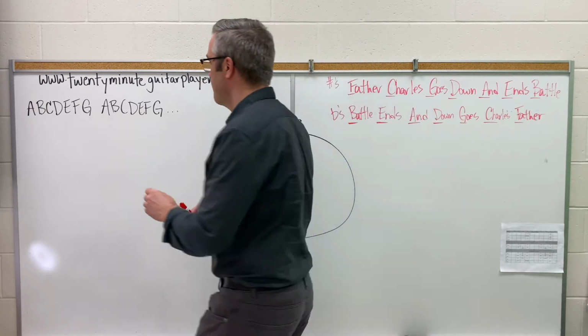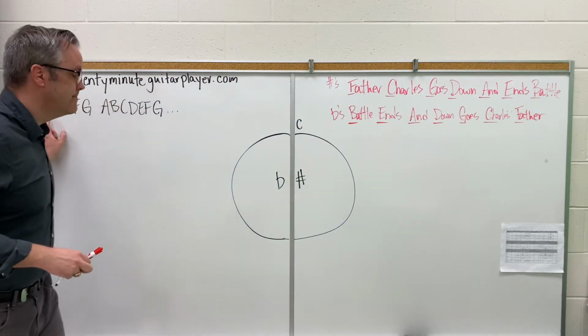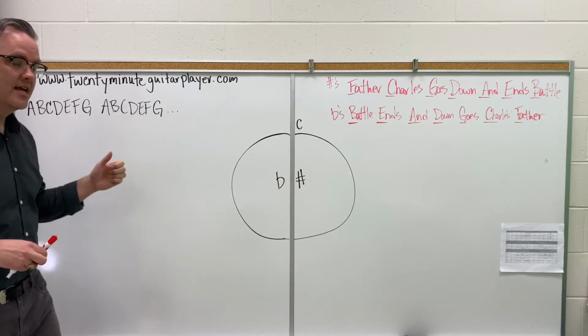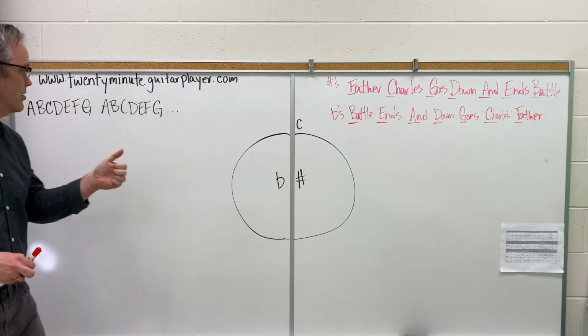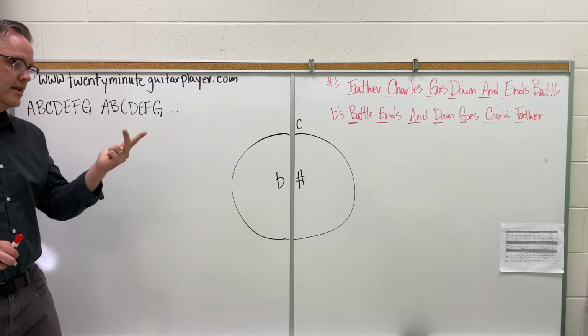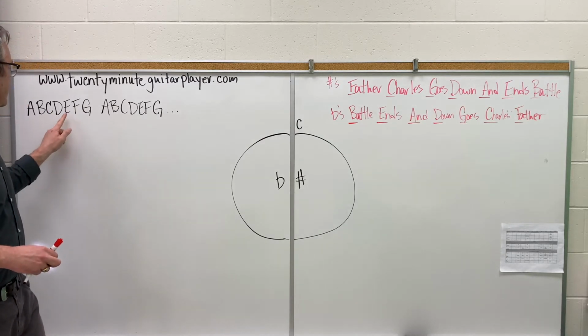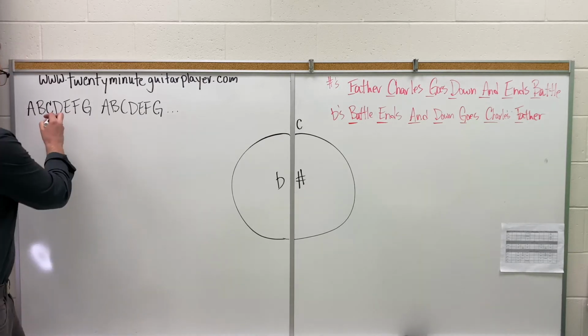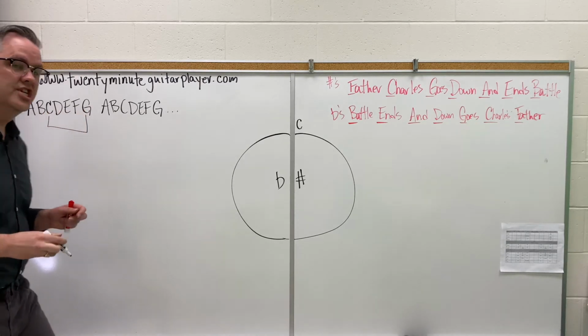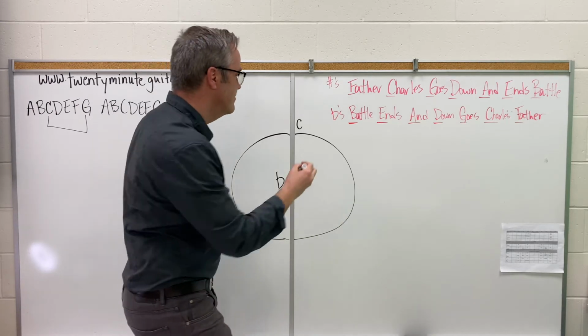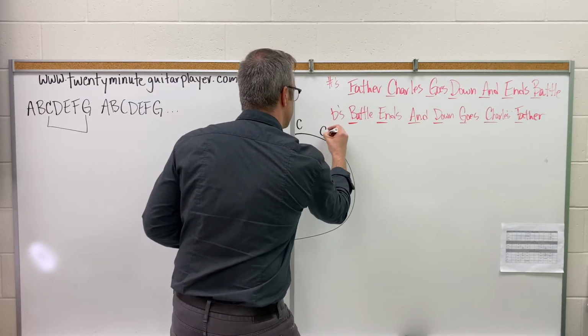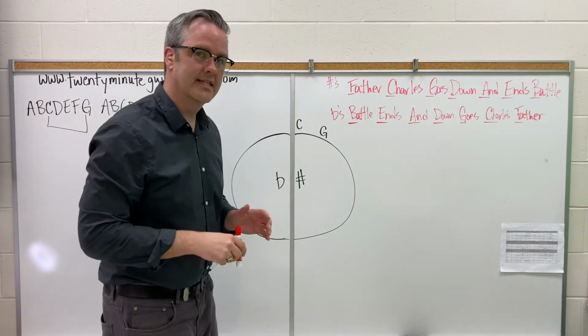So watch this. If we're starting on C, what's 5 away from C? And count C as 1, okay? So C, D, E, F, G. So G is 5 away from C. So let's put G for the next key.